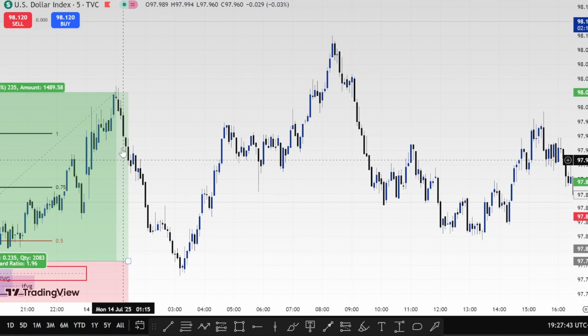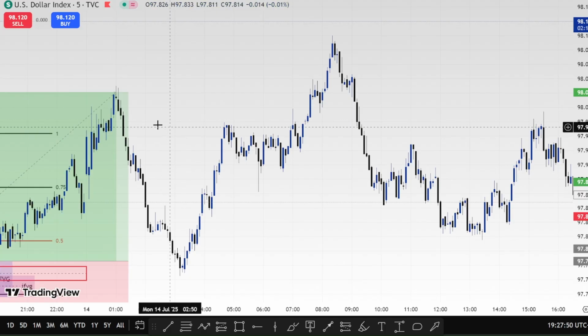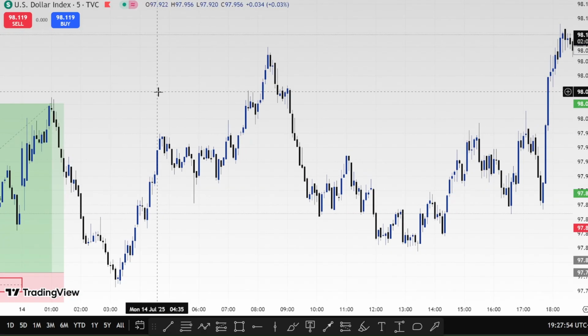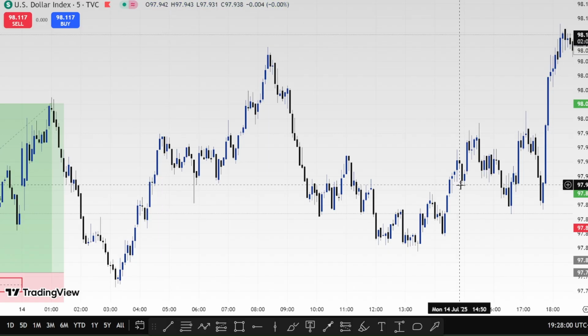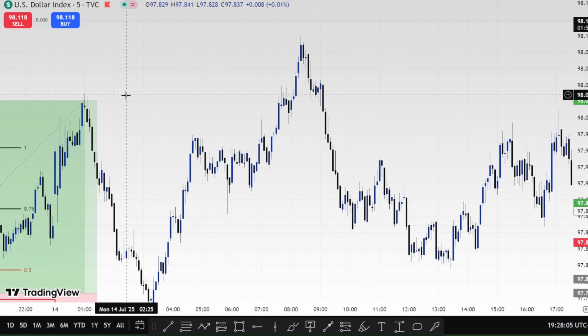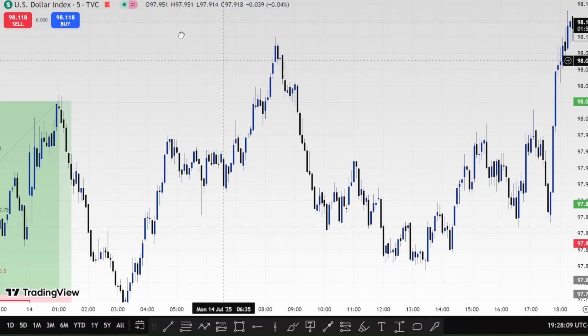You can see this point was midnight, so I can't trade midnight. I have to wake up from 7 a.m. and analyze for the day.